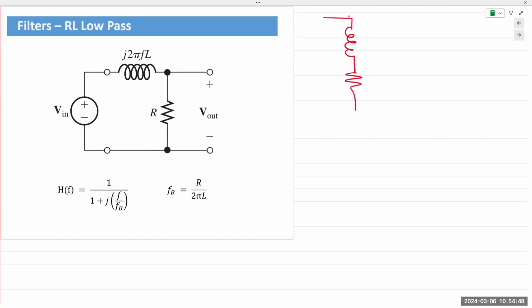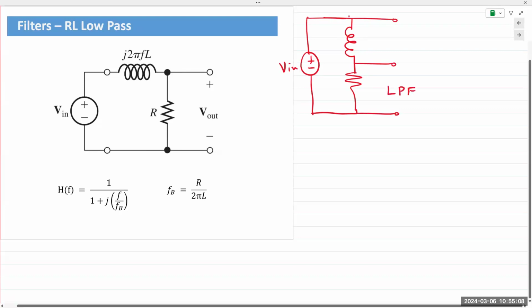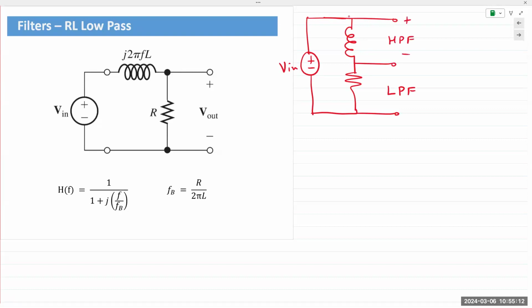Depending on where you take the output, you obtain a low pass or a high pass. If you take the output across the inductor, you get a high pass filter. If you take the output across the resistor, you get a low pass filter. This is L and this is R.